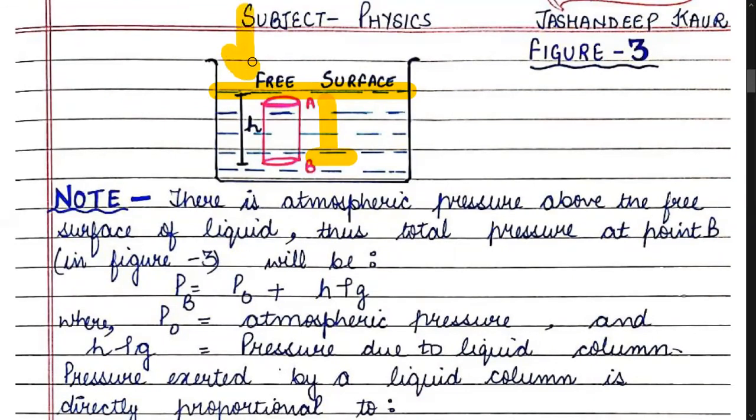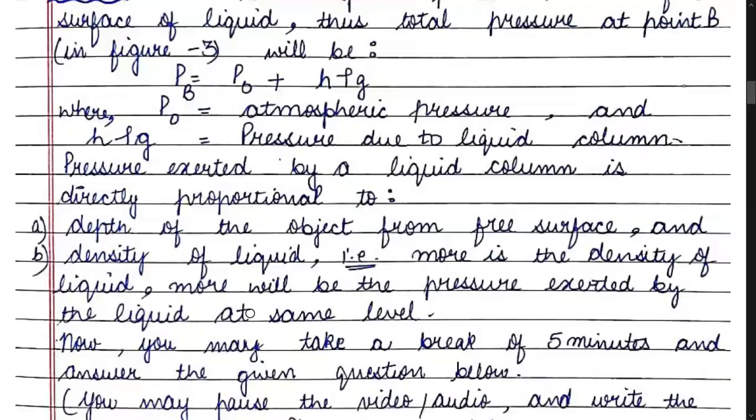And even the atmosphere is also exerting some pressure which will be taken as P naught. So the net pressure at point B is equal to P naught + h rho g, where P naught stands for atmospheric pressure. So this formula will be used in the numericals also.